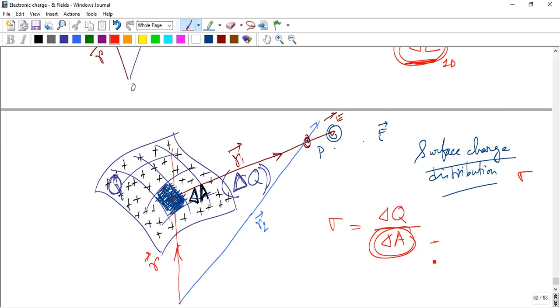Likewise sigma is over delta A, a two dimensional area, and it is also Q by A.